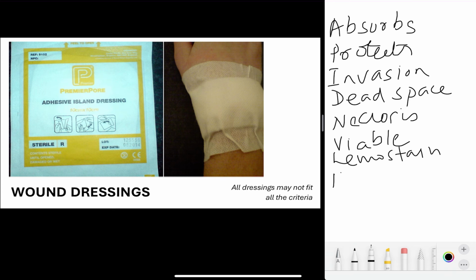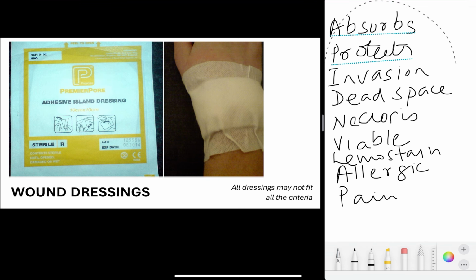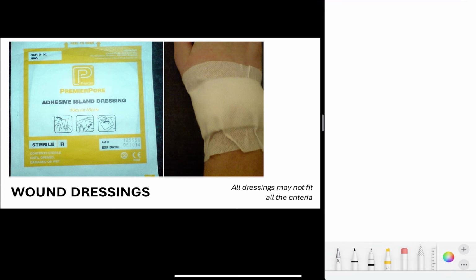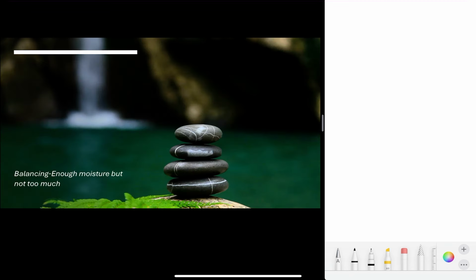It will not cause hypersensitivity or allergic reaction. It eliminates pain, and a good dressing is usually inexpensive and is transparent to monitor the wound appearance without disturbing the dressing. But all dressings may not fit all the criteria. It is very hard to find dressings which meet all the criteria mentioned.